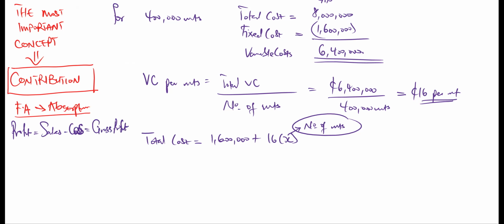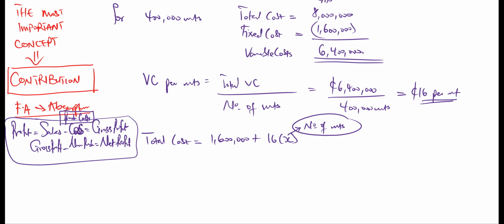True or false? True. Sales minus cost of sales or sales minus production cost gives you gross profit. Then we take gross profit and now take out non-production cost, which is selling, distribution, and admin costs. Then we get what? Net profit. Do you all agree? Yes. This is the financial accountant approach to determining profit.